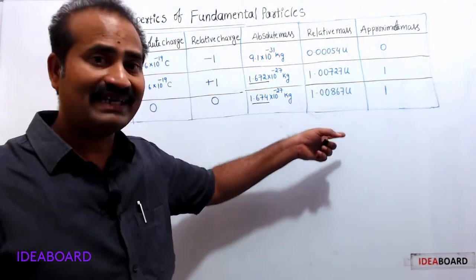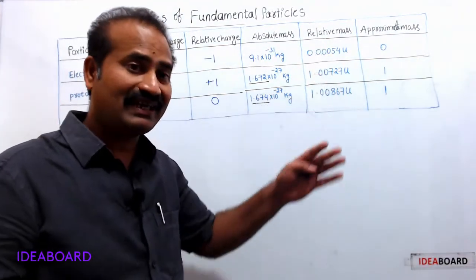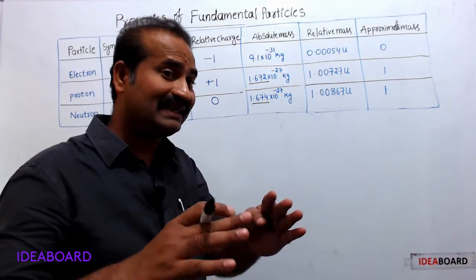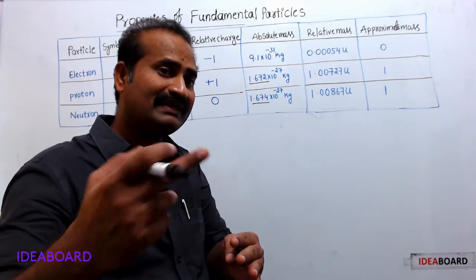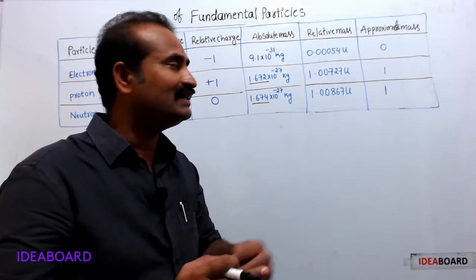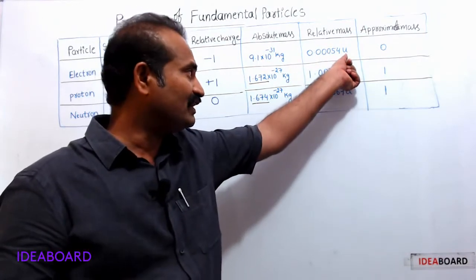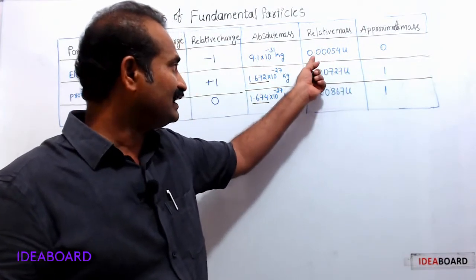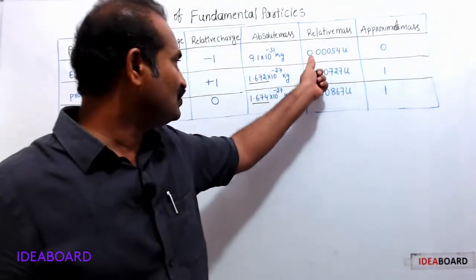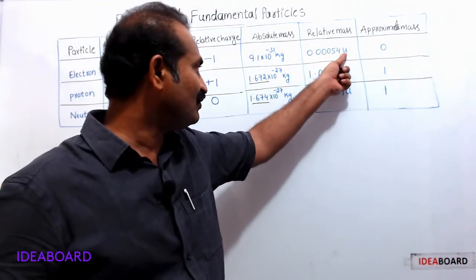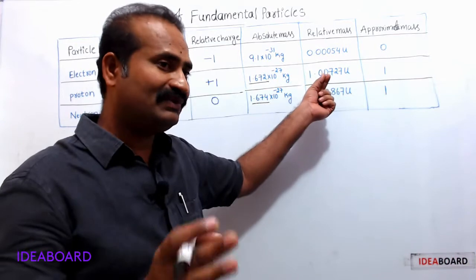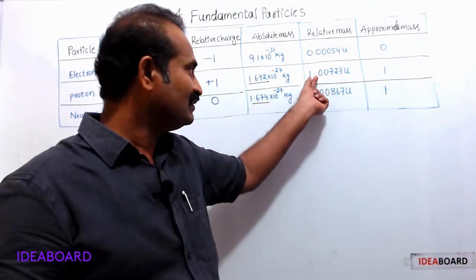Those masses are called relative mass. These values are in comparison to AMU, atomic mass unit. Relative masses. Atomic mass unit is also called unified mass unit. So relative mass of electron is 0.00054 unified mass units. AMU and unified mass unit are the same.